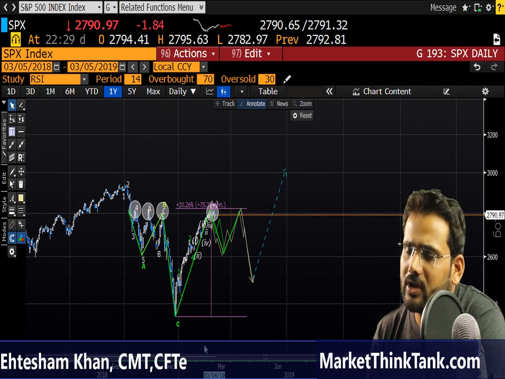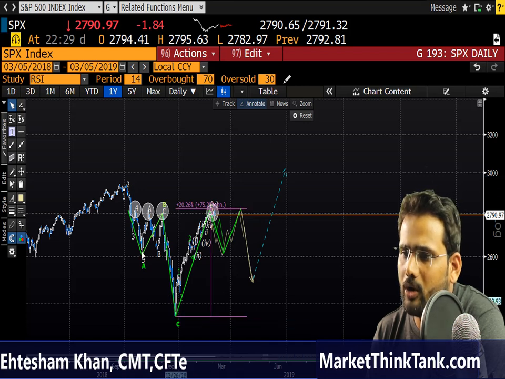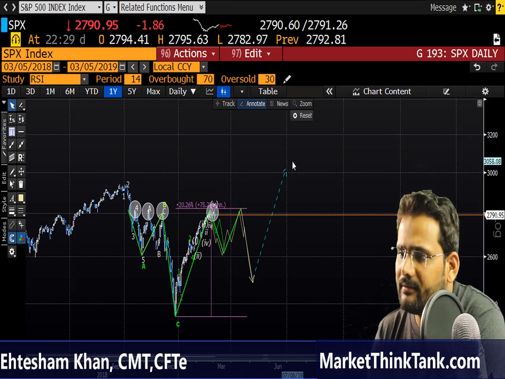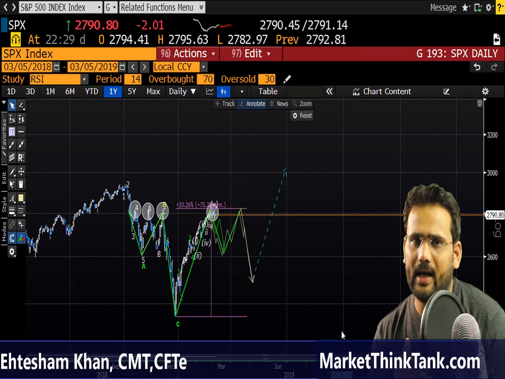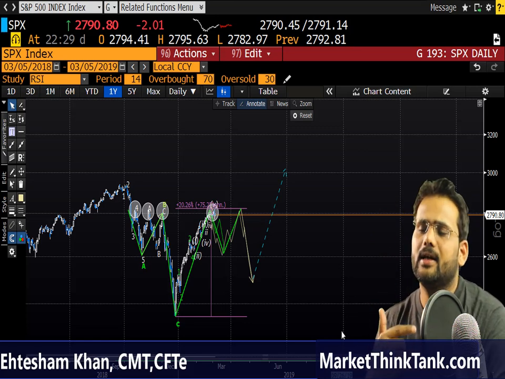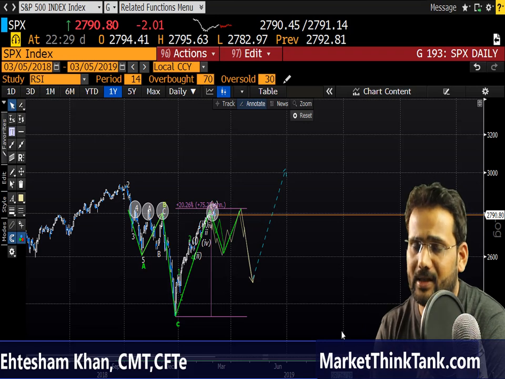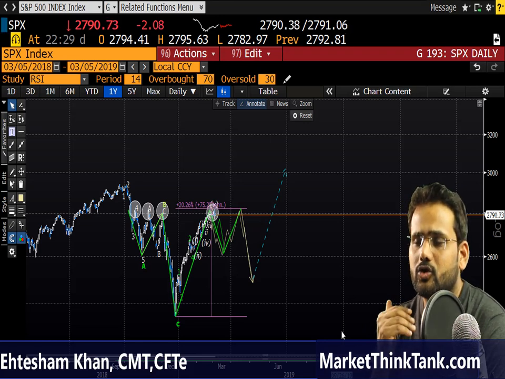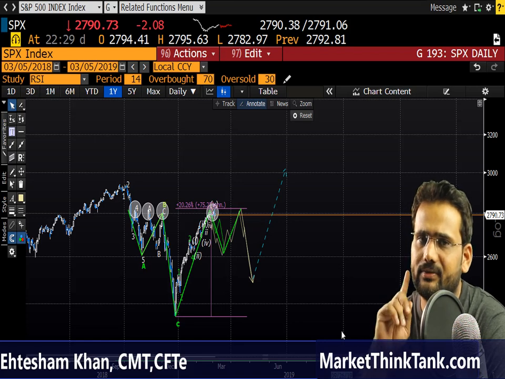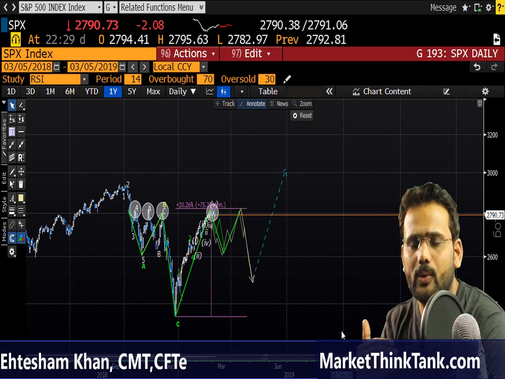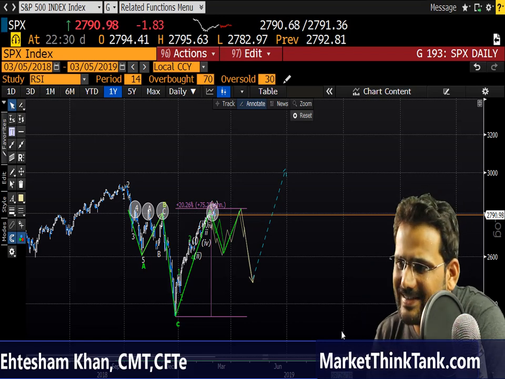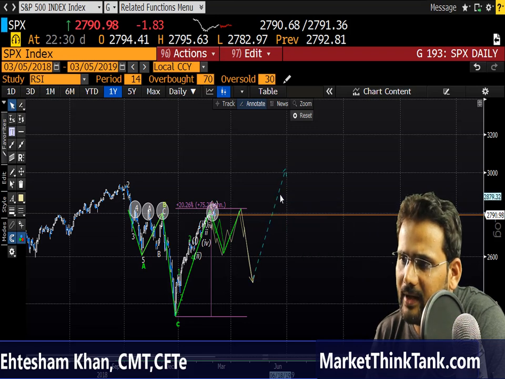If you look at the whole broader perspective, this whole move can be wave A, then we are going in ABC in wave B, and then we might come for wave C. So I'm just stopping my expectation for the time being till wave A, B and C, because if wave 4 has been completed and we are in wave 5, then the current move is the first wave in wave 5. So we might anticipate a correction in wave 2 followed by wave 3, which is something here. This one is wave 3.